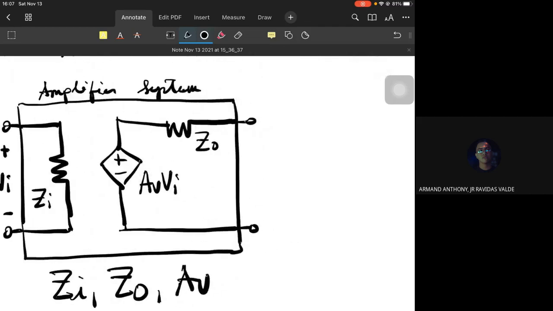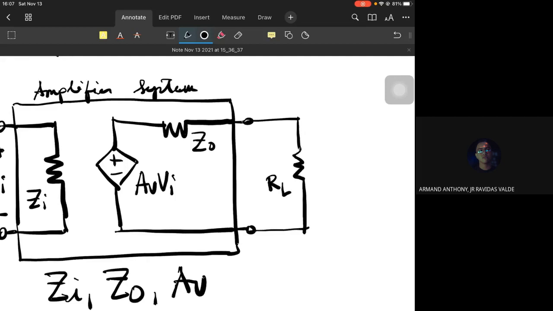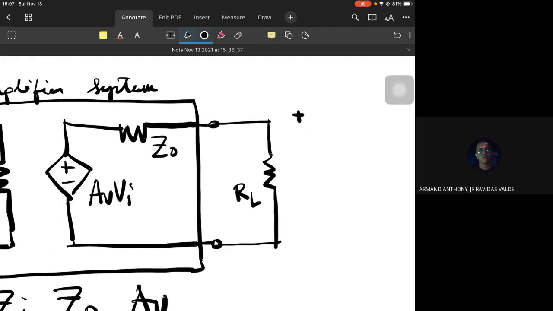The load will be connected here, outside of our amplifier, so it is not part of the amplifier. Of course, the load is not part of the amplifier. That's load RL, and the voltage across the load is the output voltage, VO.